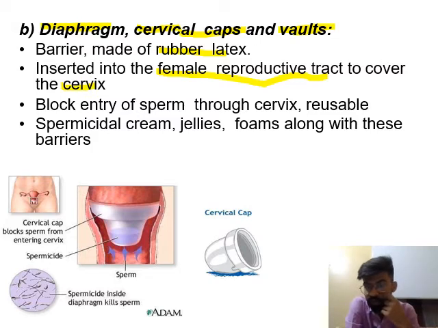If the cervix is blocked, then the entry of sperm will also be blocked. The diaphragm can be reusable.